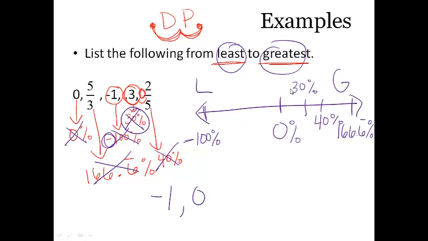Then 30% really represented 3/10. 40% represented 2/5. And 166.6 repeating really represented 5/3.